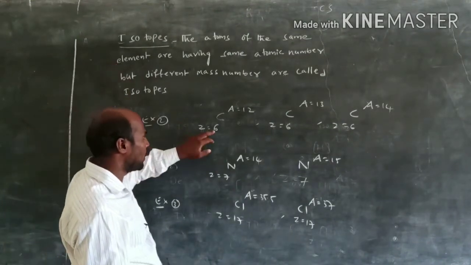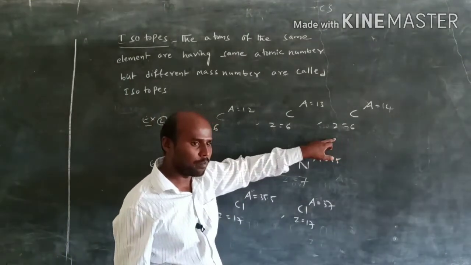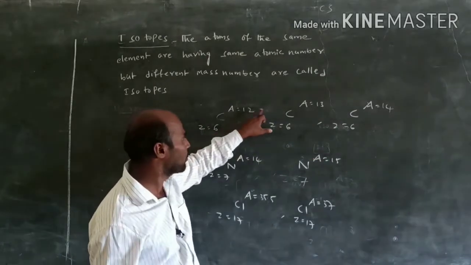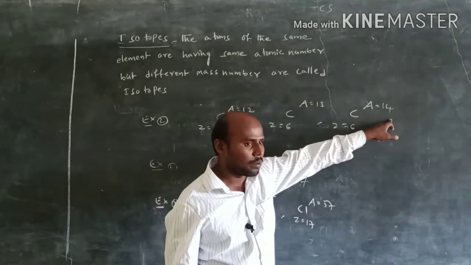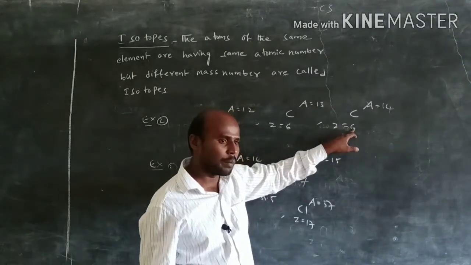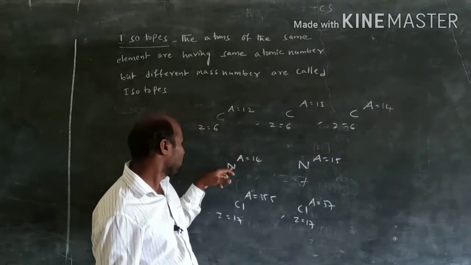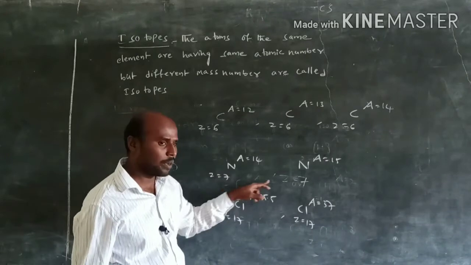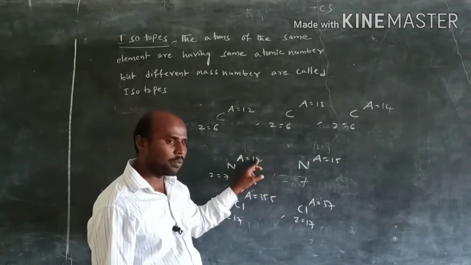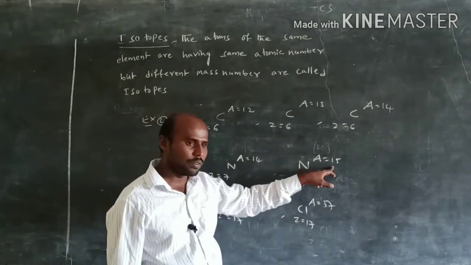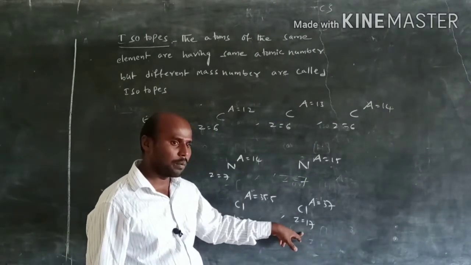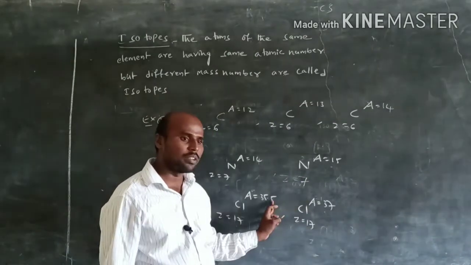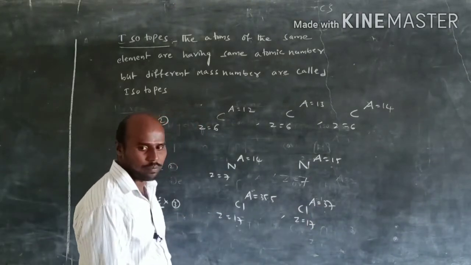Isotopes means atomic number will be the same but mass number will be different: 12, 13, 14, with atomic number 6, 6, 6. Also same atomic number 7, 7, with mass number 14, 15. Here atomic number 17, 17, same atomic number but mass number changes. That is called isotopes.